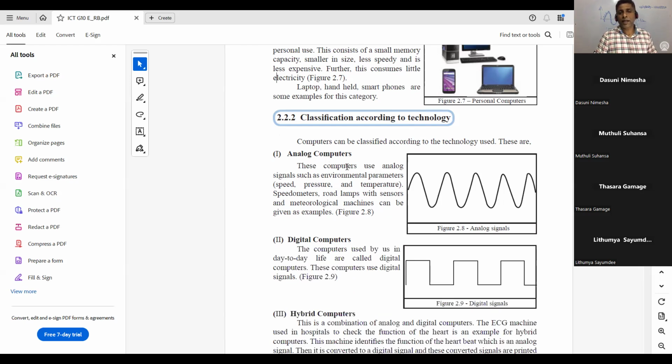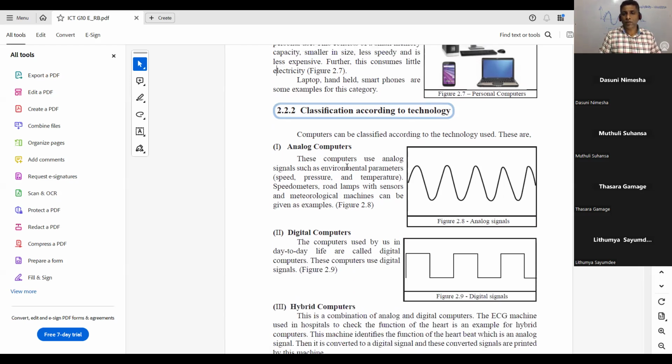And we learn about the technology. According to technology, we can divide computers into basically three categories. Analog computers, right? Basically, it processes analog signals. What do you mean by analog? That's a continuous signal. So it can capture analog signals, basically to measure environment variables like speed, pressure, temperature, right?